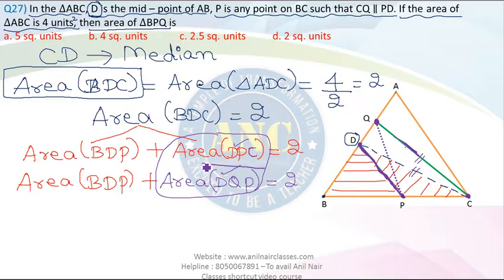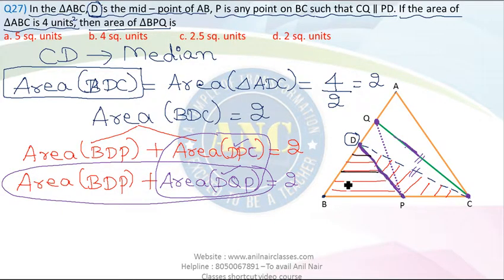Now, if I combine these two triangles, what am I getting? Triangle BDP is the first triangle, this red color. Let me shade it in black color right now. Next, DPQ, this one. Continue shading in black color.